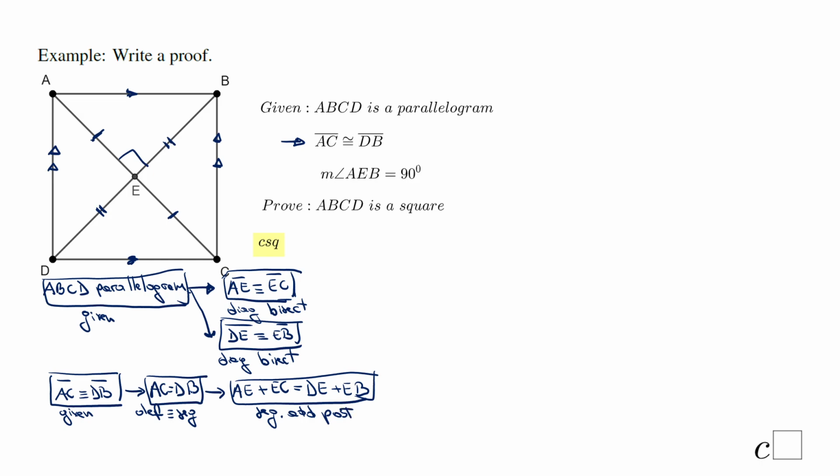But if we take a look, AE and EC are the same, we have that here, right? And DE and EB are the same. So based on these three statements, we can say 2AE, because we do substitution, equals 2DE.